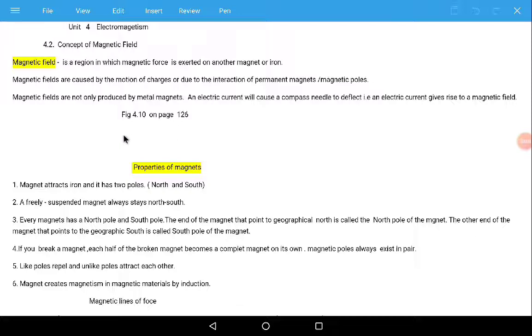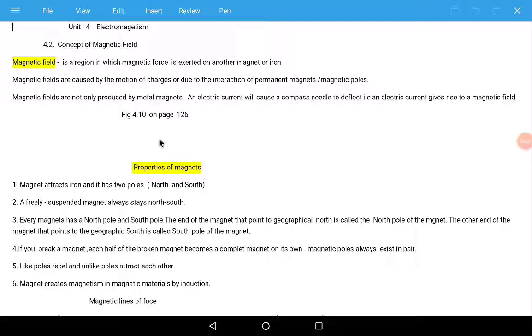The other, what are the properties of magnets? Now first we can define what is a magnet. A magnet is a substance that attracts magnetic substance, not non-magnetic substance, but it attracts only magnetic substance.